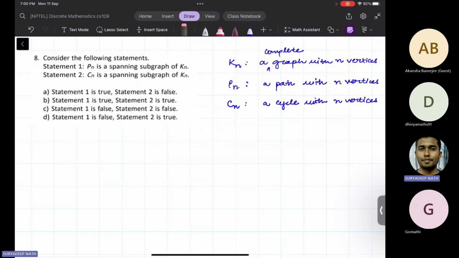So you have this graph. I'll draw, let's say, a graph with 5 vertices. So the complete graph Kn would be like this.